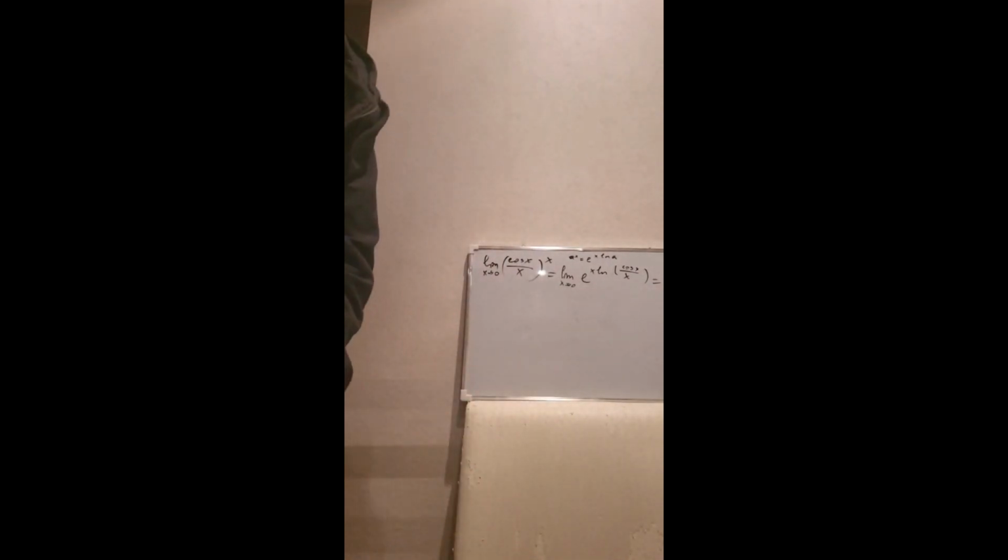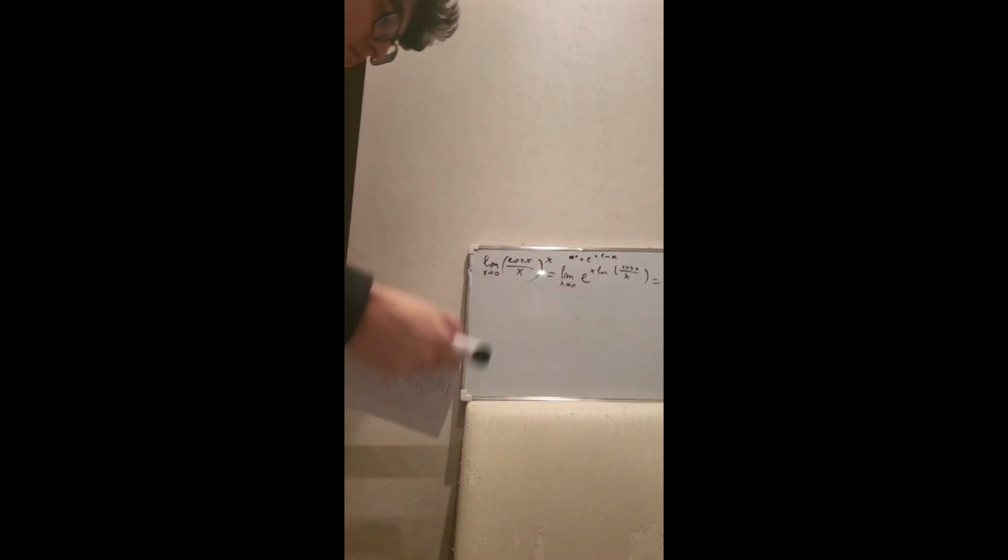So our final version is going to be limit x approaching 0, e power of x ln, 1 minus 2 sine square x over 2, over x.